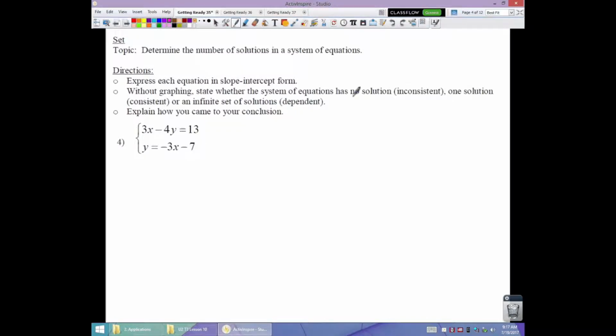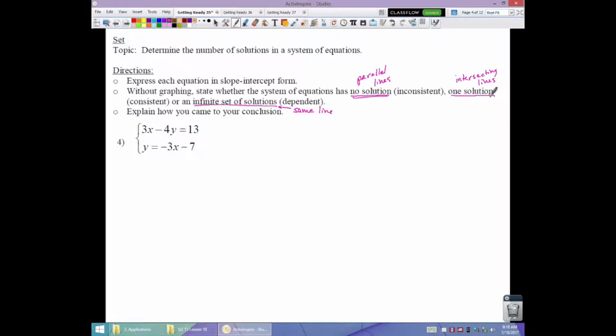So we're going to decide whether the system has no solution at all, which would mean parallel lines that do not intersect; one solution, which is our normal situation with intersecting lines; or the third and last option, infinitely many solutions, which would mean that it's actually two equations representing the exact same line. Okay, so no solution, one solution, or infinitely many. Those are the only options.